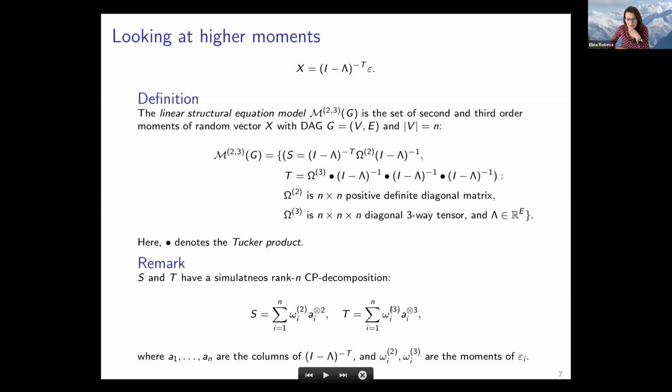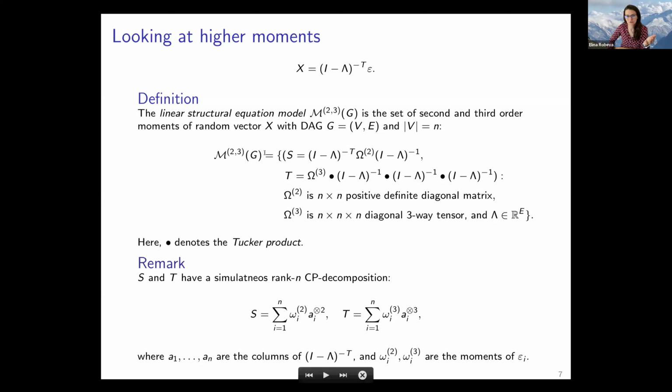And T has the same, but with omega I3 and AI tensor power 3. And this is simultaneous CP decomposition because they use the same vector as AI, which is nice. So, okay.